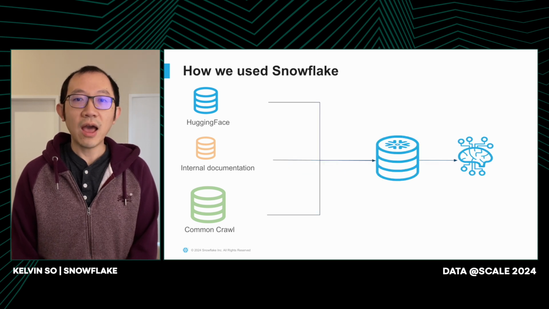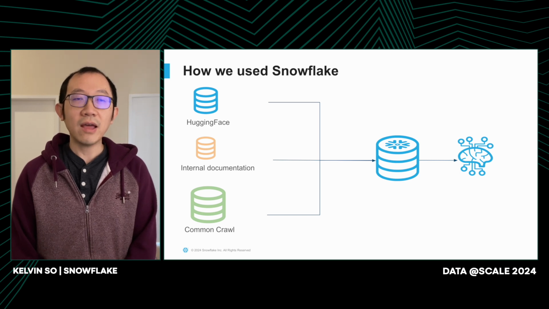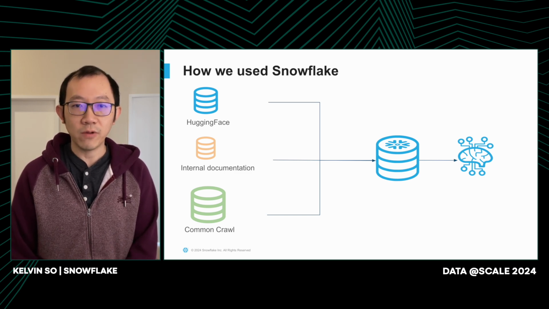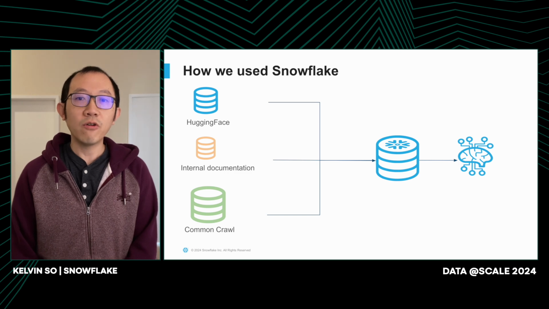As engineers at Snowflake, we took a very different approach. What we do instead is to natively do this within Snowflake to prepare the training data for Arctic. So one may ask, why does it make sense to do all this data preparation work in Snowflake? Many people know Snowflake for its cloud-based data warehouse.